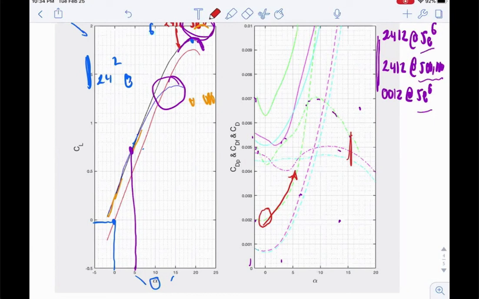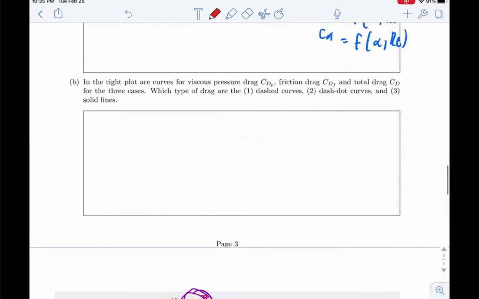That left us with these other 2 curves, the cyan and magenta, and the way we assign them is by knowing that one of those is from a symmetric foil, and therefore the total drag, in fact all the drag components, must be symmetric about alpha equals 0. So when you go to a negative angle of attack, it should produce the exact same response as a positive angle of attack. I think that's what I wanted to get through.